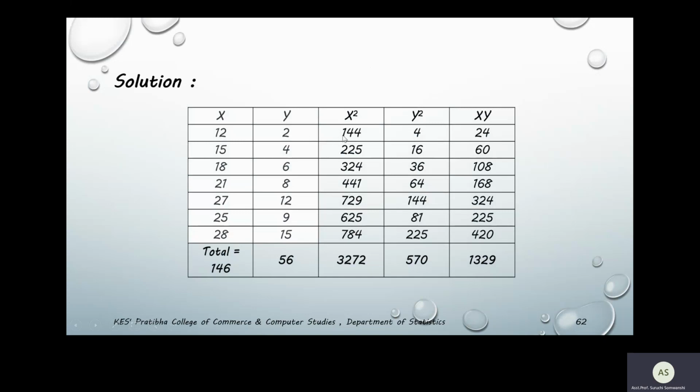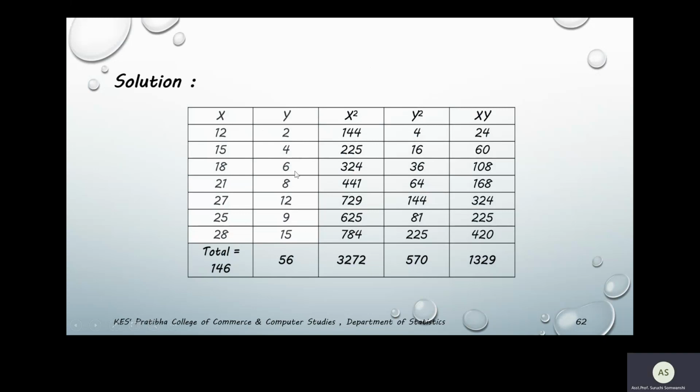We need to square the values of x, that is, x square. The square of 12 is 144, the square of 15 is 225, like this. Here y square we get by squaring the y observations. So 2 square is 4, 4 square is 16, 6 square is 36, like this. Then we need to calculate x into y, which is 12 into 2, 24, 15 into 4, 60, 18 into 6, 108, like this.